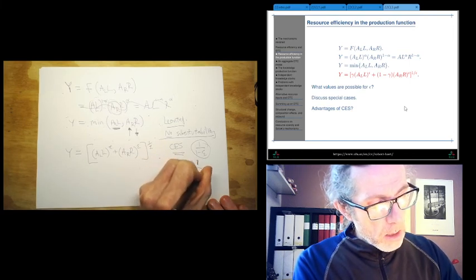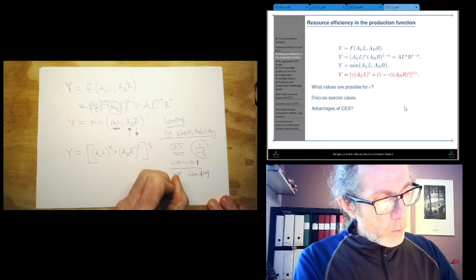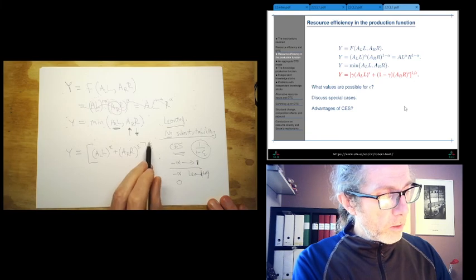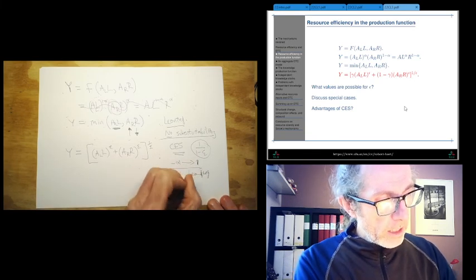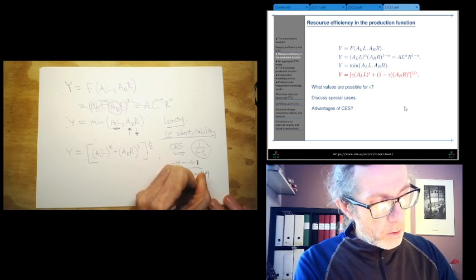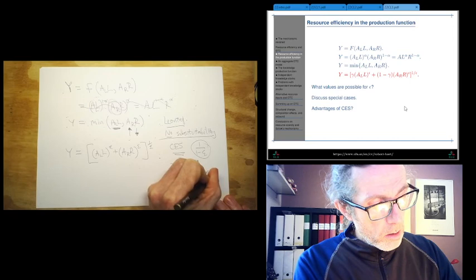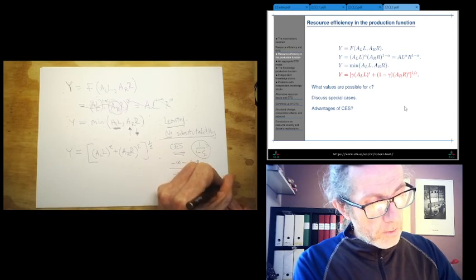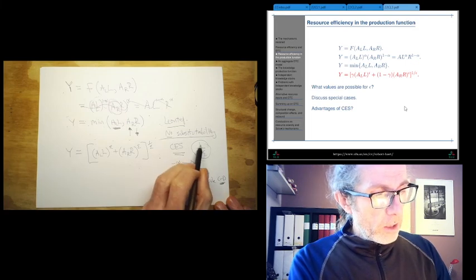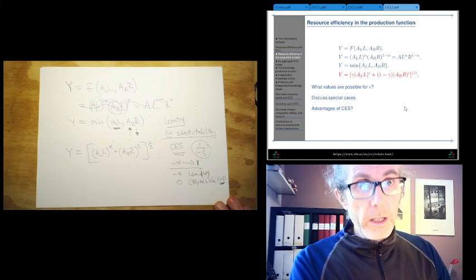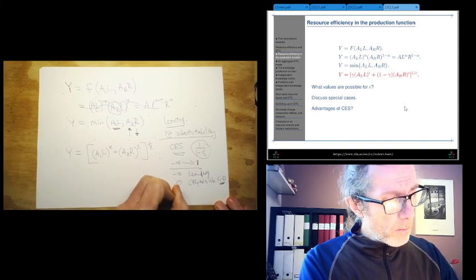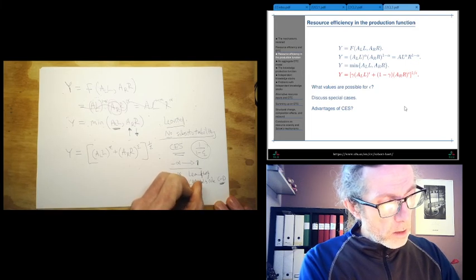When epsilon is naught, we've got something to the naught plus something to the naught, all to the infinity, but it turns out, using L'Hopital's rule, which you don't need to be able to do, that it's Cobb-Douglas. And the elasticity of substitution is 1 over 1 minus naught, which is 1, exactly what we know is correct for Cobb-Douglas.